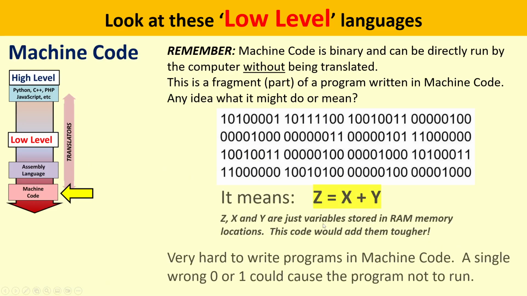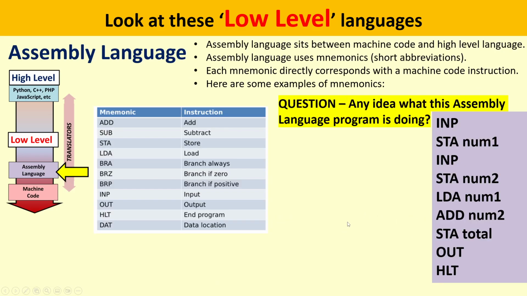So remember, it's very hard to write in machine code. Machine code is the only thing that the computer can run directly. Assembly language, however, is slightly higher than machine code, and it uses short mnemonics, short keywords like add, sub, LDA, to make it easier to program for humans.